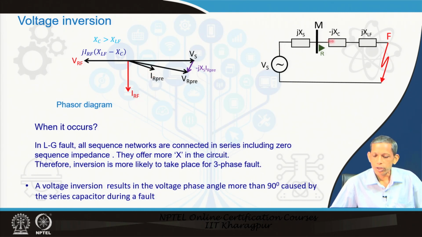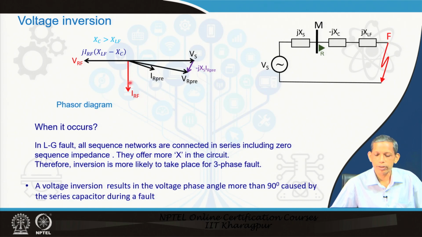Now, the corresponding current through this path is lagging, because the denominator, x l minus x c plus x l f, becomes positive. So, this is a lagging current in this case.